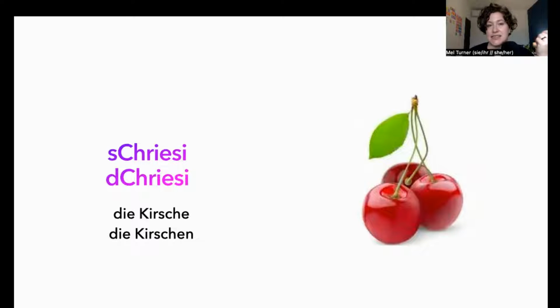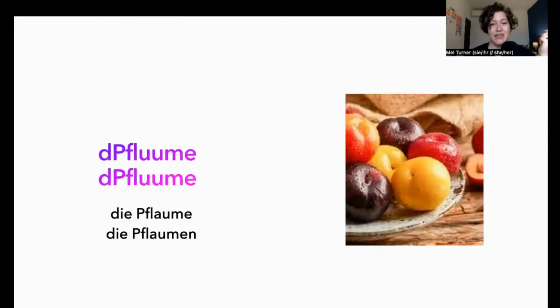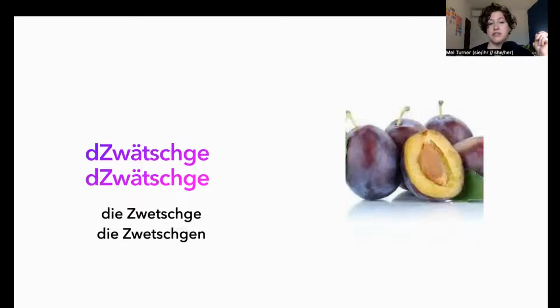Most people have a hard time with that in High German and in Swiss German. So, Riesi. Pflume. Watch out. I found out that English speakers don't have a difference between this one, which is a Pflaume, and the next one, which is a Zwetschge.